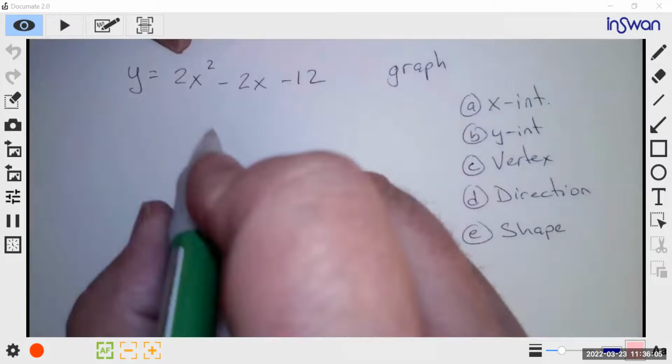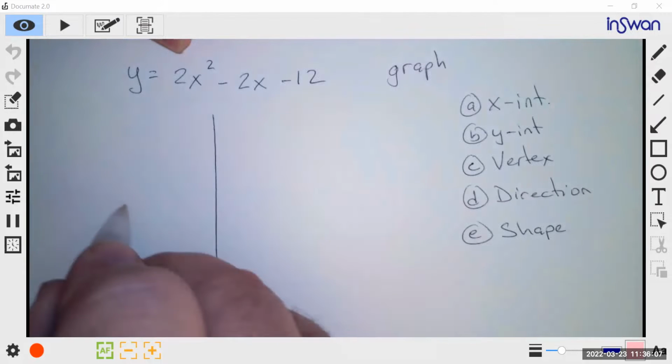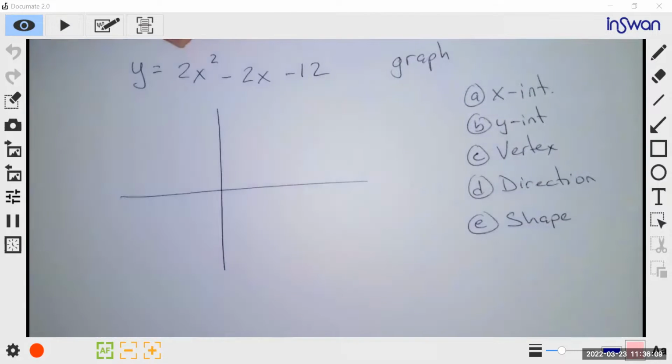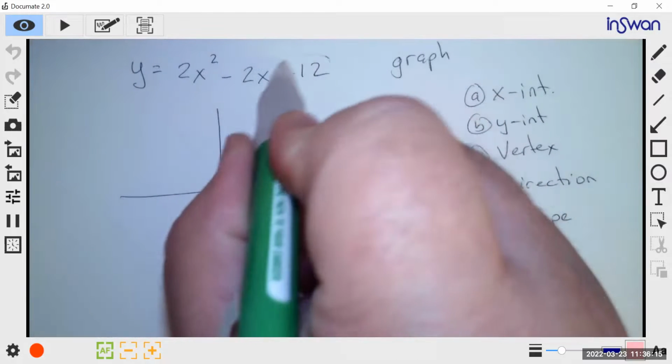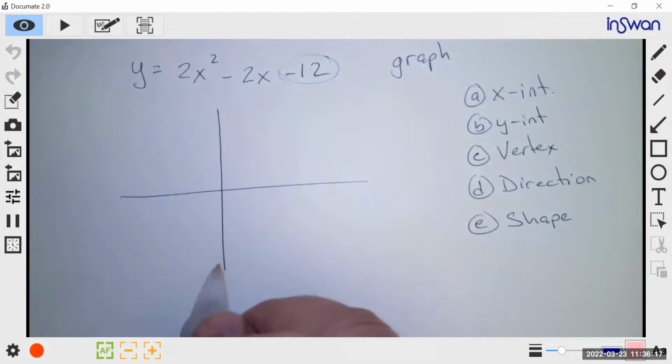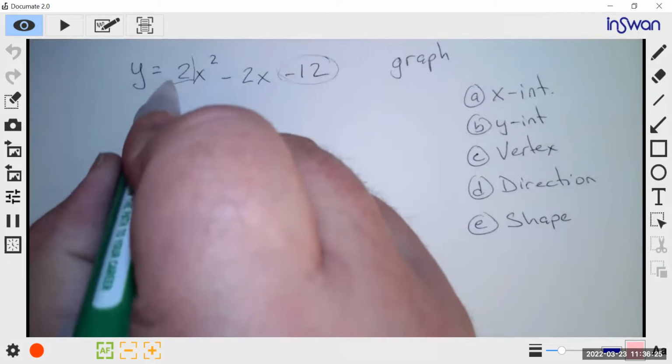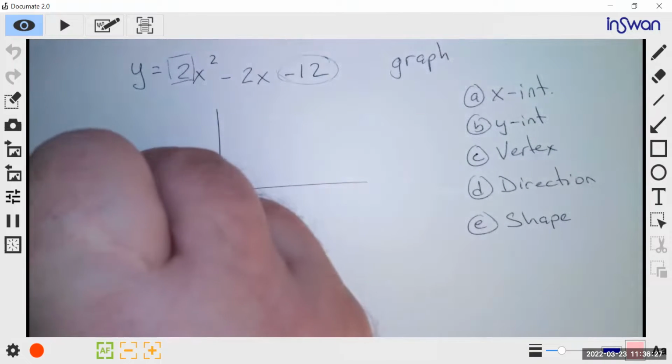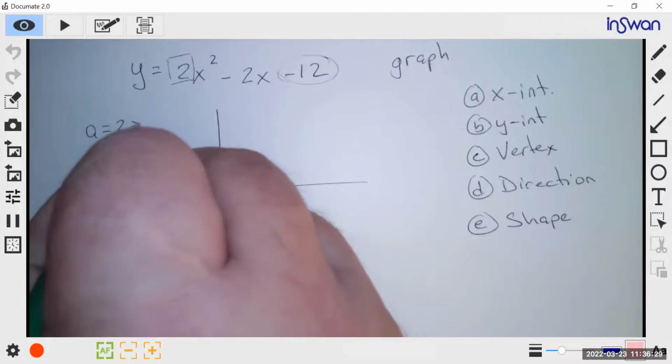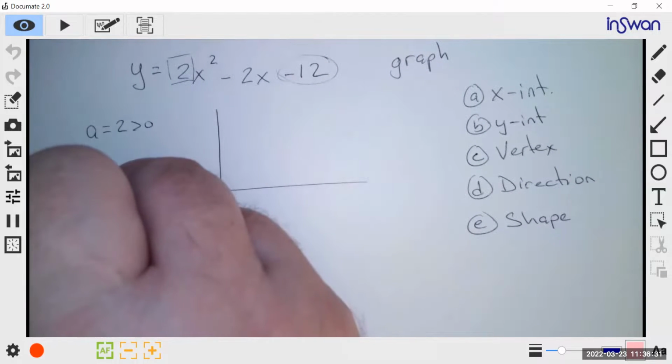All right, so let's look at this. We know the y-intercept is negative 12. Since a is 2 and it's positive, it opens up.